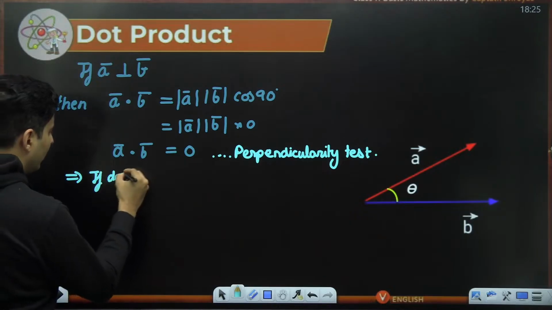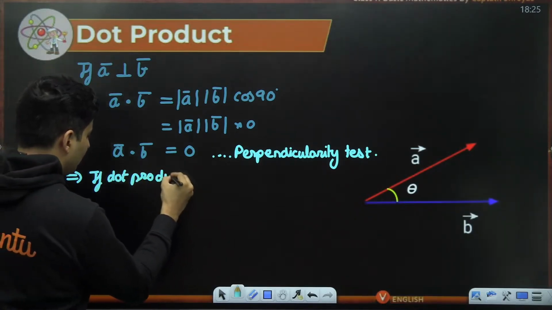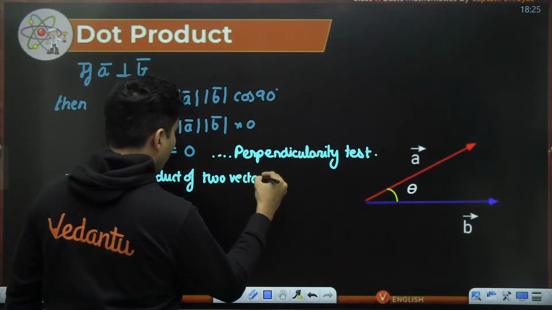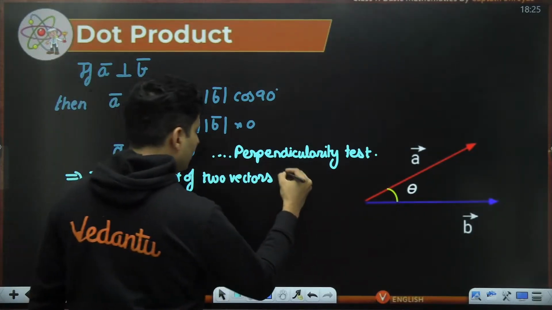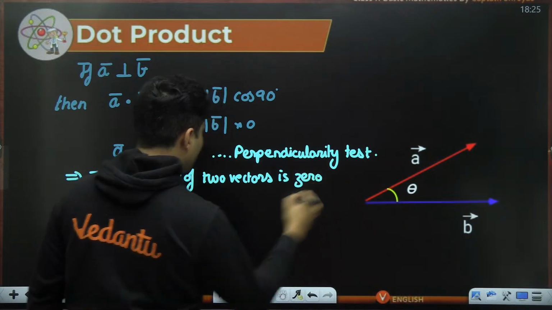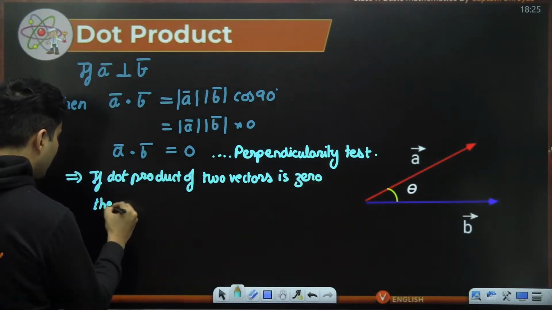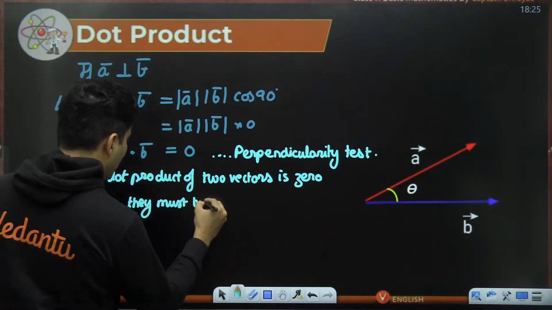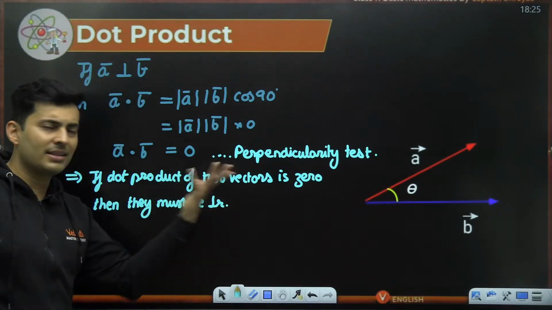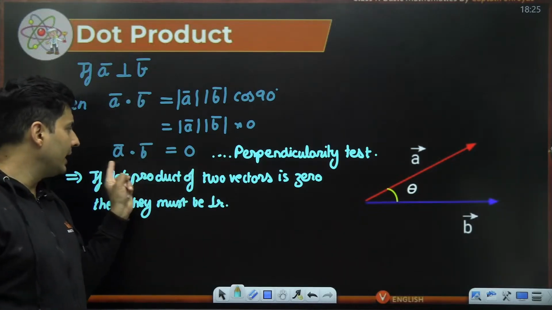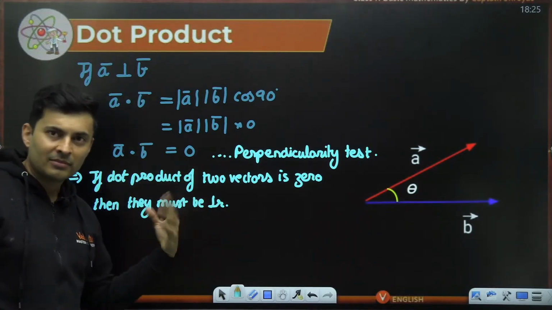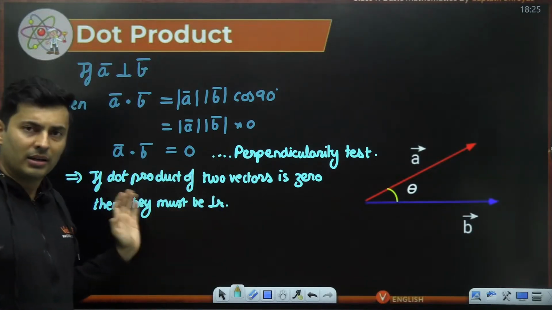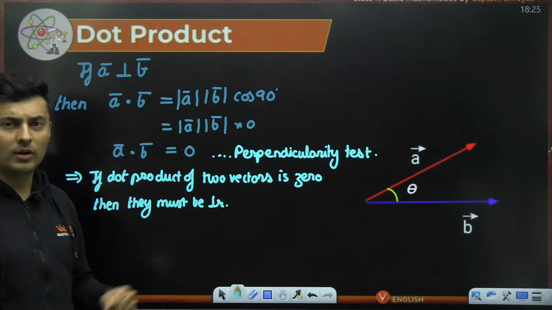If the dot product of two vectors is 0, then they must be perpendicular. The converse is also true. If two vectors are perpendicular, then the dot product is 0. So the actual statement can be: if the dot product is 0, the vectors are perpendicular, or if the vectors are perpendicular, then the dot product is 0.